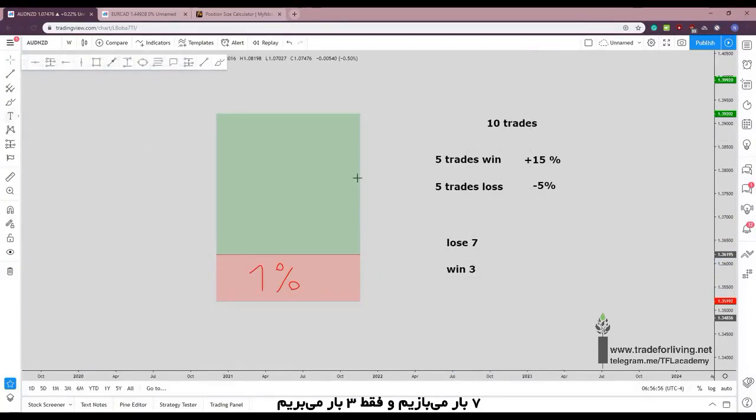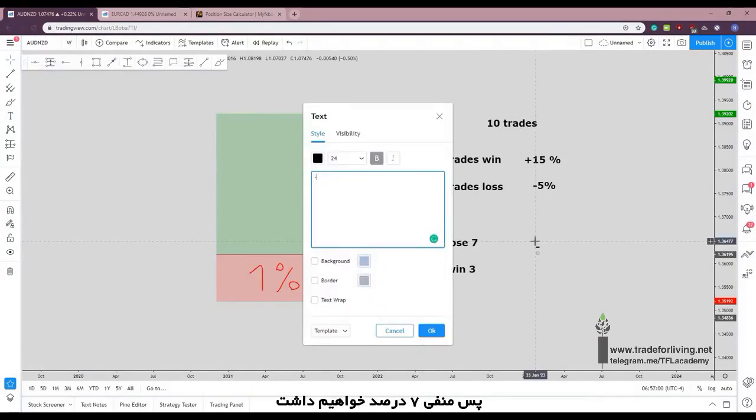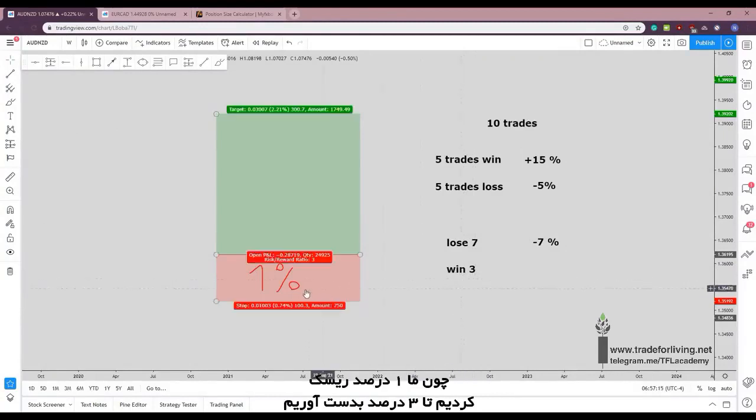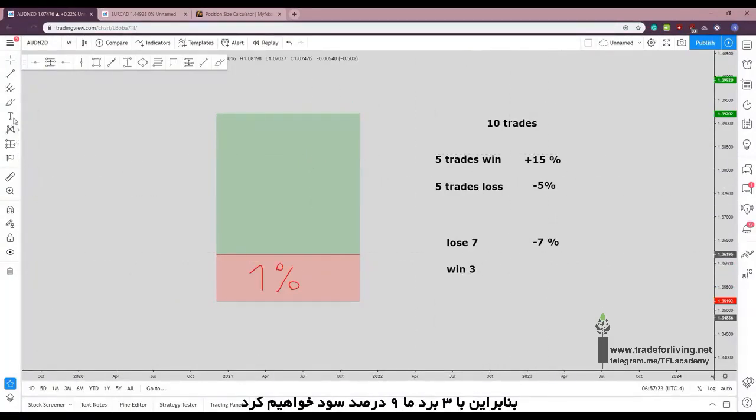So what will happen in this case? We lose 7 trades, so we'll have minus 7% because we're risking 1% per position. So we are negative 7%. But for the 3 trades we win, you need to do 3 times 3, because we're risking 1% to make at least 3%. So if we win 3 trades, it means 3 times we won 3%. So we will have a gain of 9%.